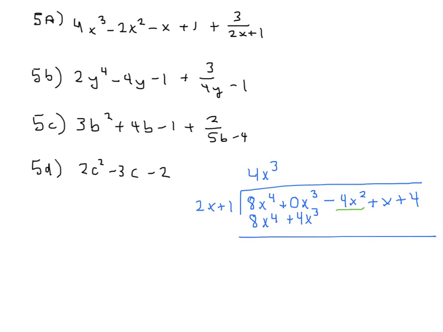So when you do this subtraction here, you end up with negative 4x to the third minus 4x squared plus x plus 4. And then you continue on. So just be aware of that, that you make sure you're lining up variables of the same degree.